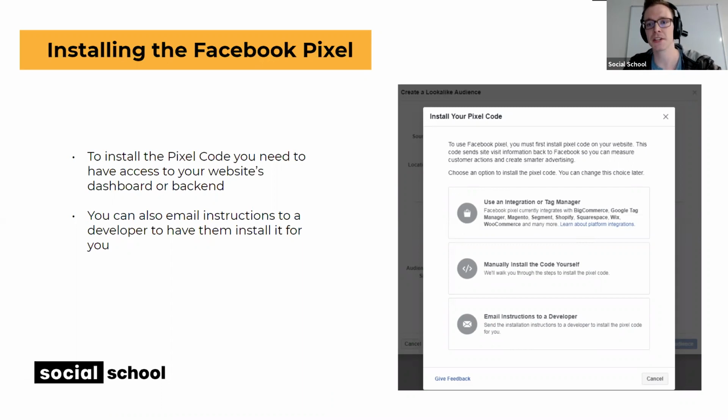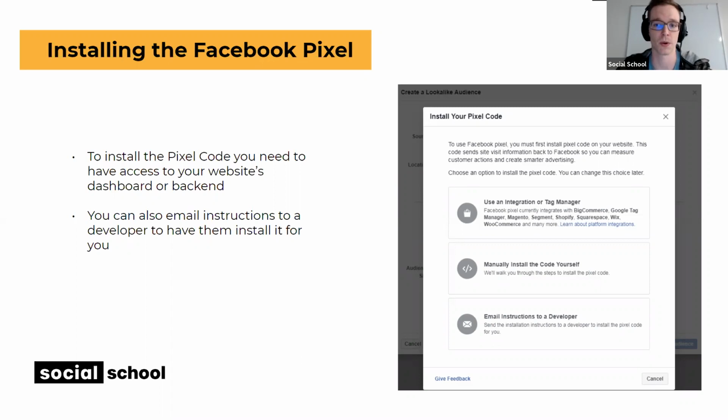If you are using integrations like BigCommerce, GTM, Google Tag Manager, that is, Magento, Shopify, Squarespace, Wix, WooCommerce, there's so much more in there. There's Eventbrite, there's Ticketmaster, for instance, if you're using any of those platforms. What this allows us to do is we can simply select to go onto the user integration or tag manager, and it will allow us to seamlessly install the code itself without any actual coding involved.